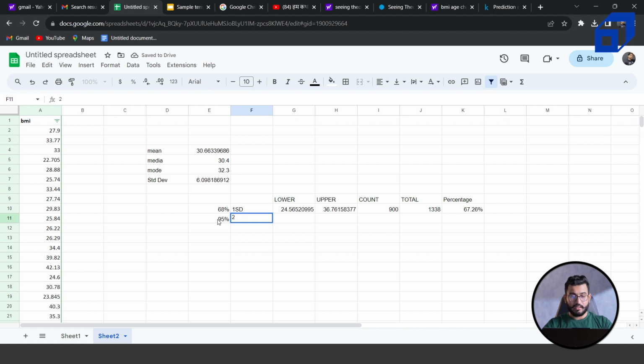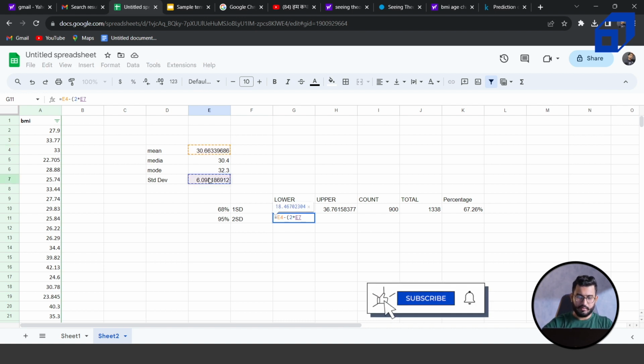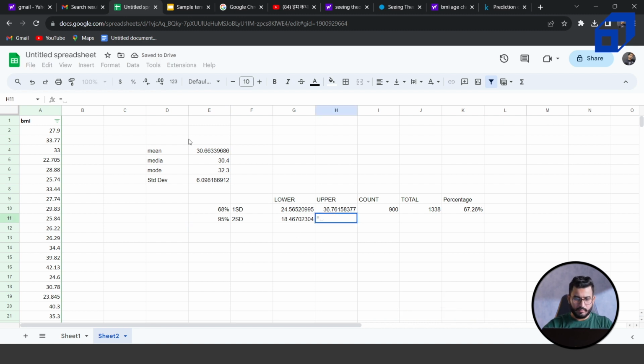Let's check the lower limit. So it is equal to mean minus 2 times the standard deviation, then mean plus 2 times the standard deviation. And now I will count. So I will go over here.